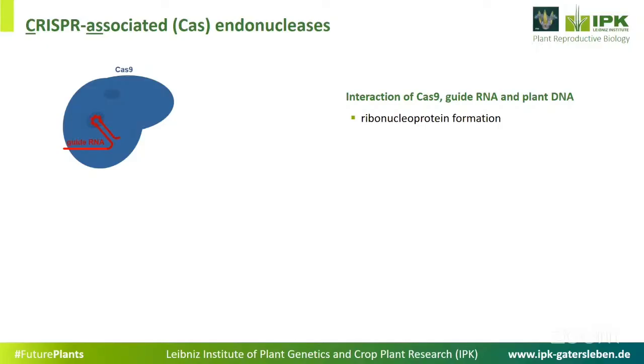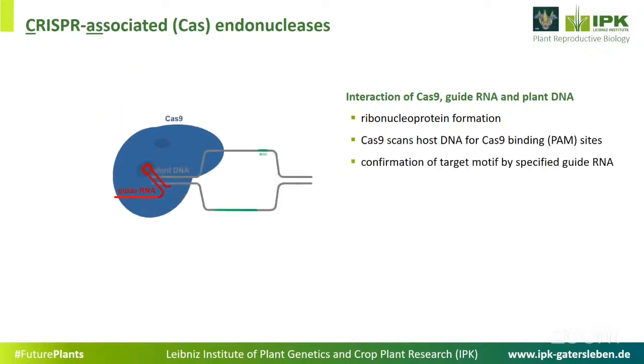When we have introduced these two parts, typically by introducing genes which encode the enzyme and another one which encodes the guide RNA, once this complex is present in plant cells, it goes to the nucleus and there screens the DNA for the target motif.